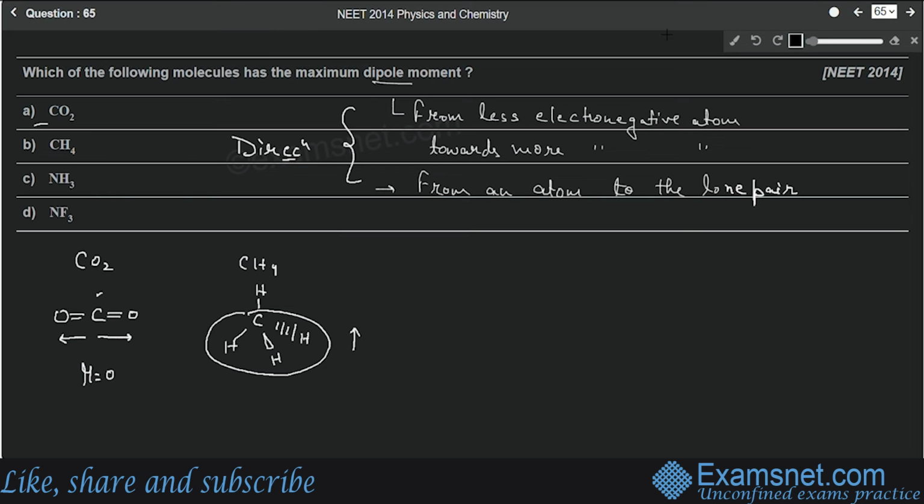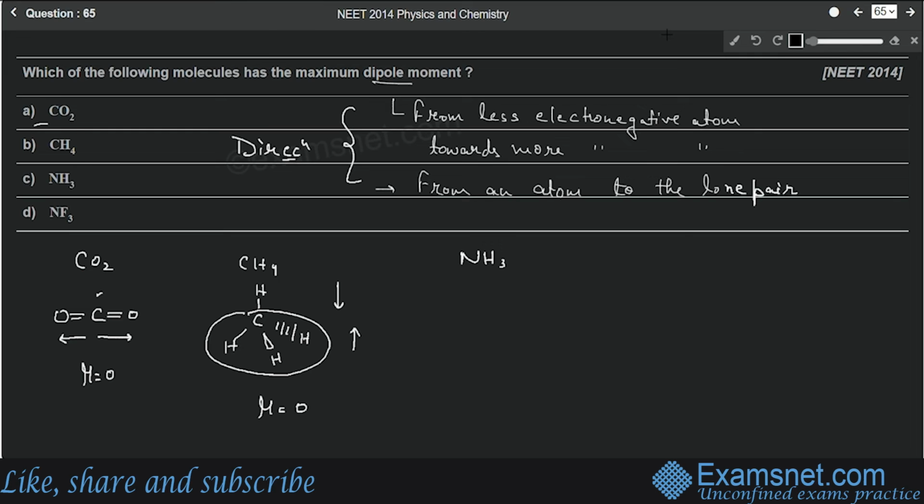That means from hydrogen to the carbon. Okay, because carbon is more electronegative as compared to hydrogen. And if we talk about the upper carbon hydrogen bond, here the direction will be from hydrogen to carbon. That means in the downward direction. So these two will also cancel out each other's effect and the overall dipole moment will come out to be 0. Now we come to the third one, that is ammonia, NH3.